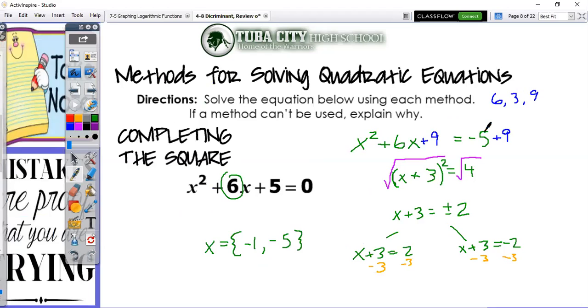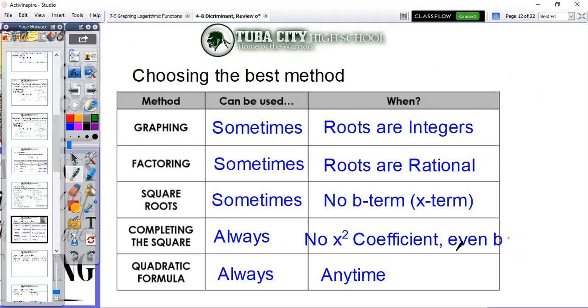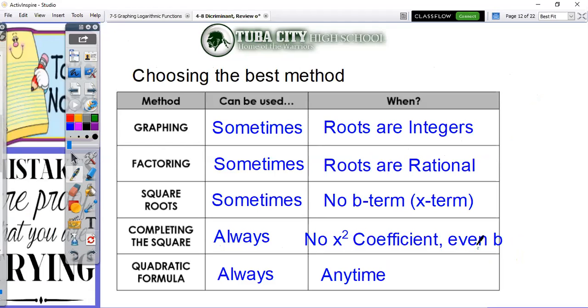But if you have an odd number, it's going to be much harder to halve it and square it. Because if I have something like 5, I'm going to have to go to 2.5, and then 2.5 squared is going to be a really weird number. Even with a calculator, it's not going to be any easier to work with. So if your b value is even and you have no x squared, that's the best time to use completing the square.